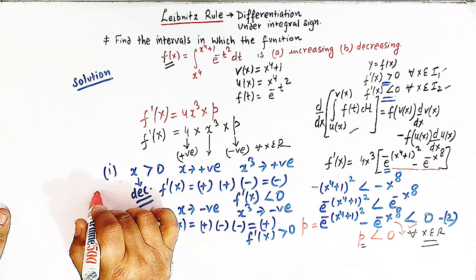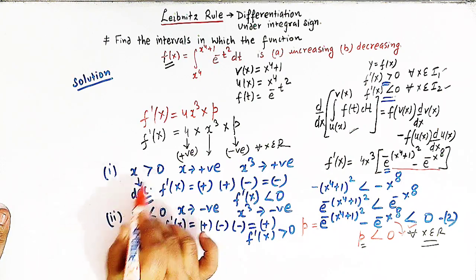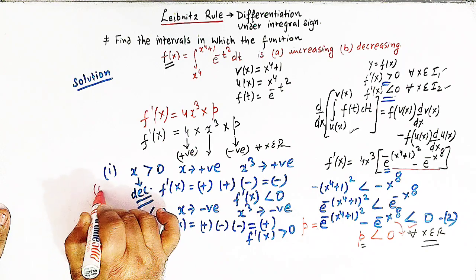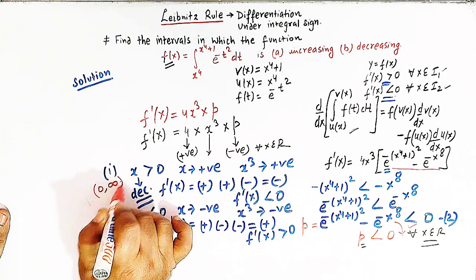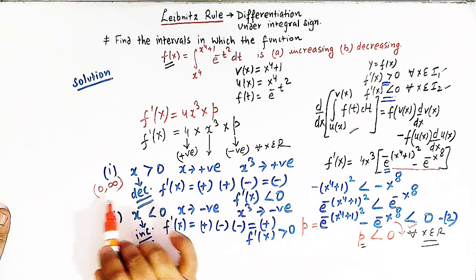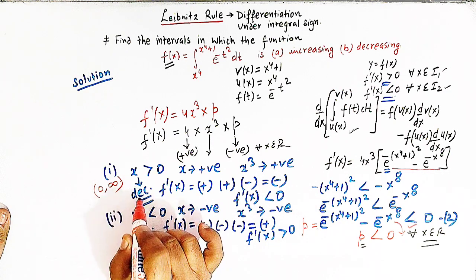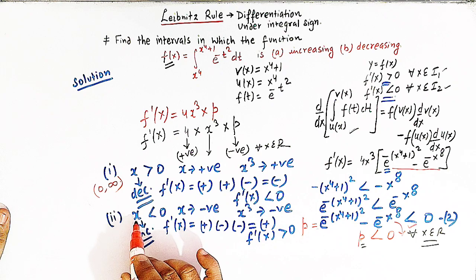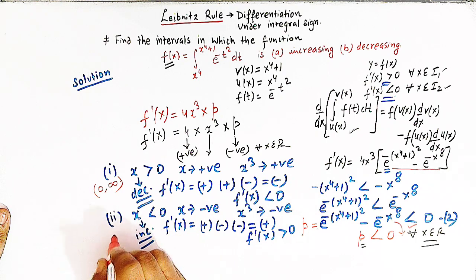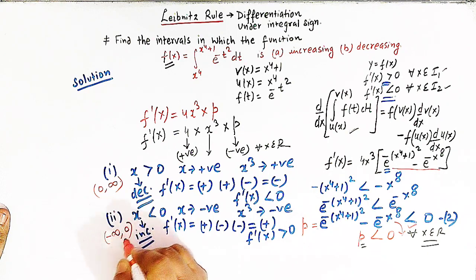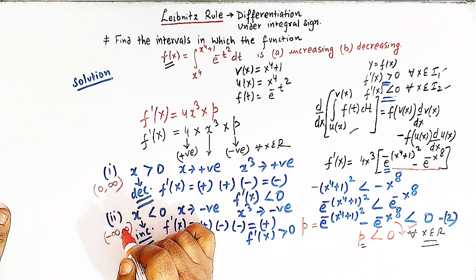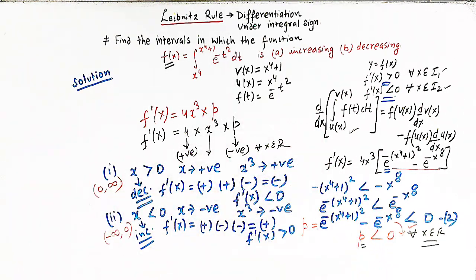So when the value of x is greater than 0, it means when we have the interval that is 0 to infinity, then the function is strictly decreasing, right? And when x is less than 0, it means when we have the interval that is minus infinity to 0, then the function is strictly increasing, right? So these are the two required intervals.